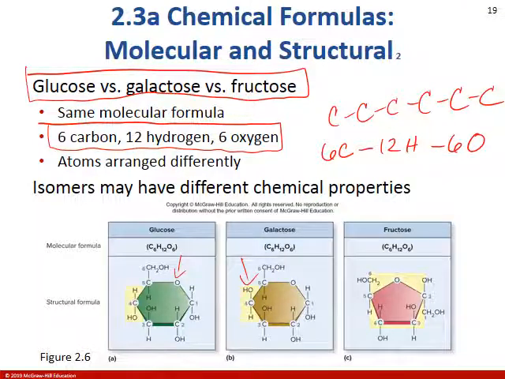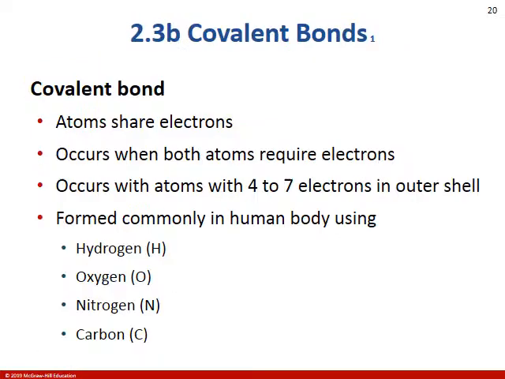So you're going to see 6 carbons, 12 hydrogens, and 6 oxygens. And these are sugars because they end in -ose. This slide is kind of just thrown in here. We'll come back and visit this when we do the second half of part 2. I think they just wanted to expose you to sugars before we move on to covalent bonds.